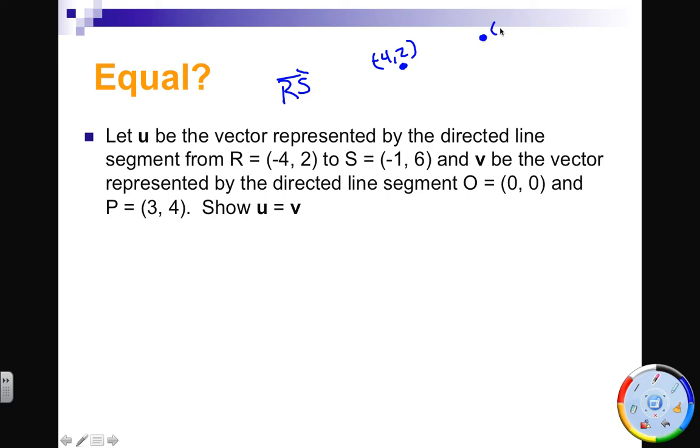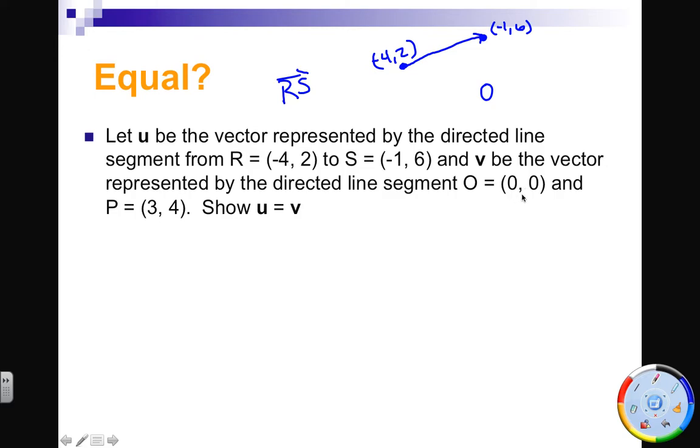That looks like right about there. So that would be a representation of my vector. But then we're also looking at the vector going from O to P. Anybody want to guess why it's called O?